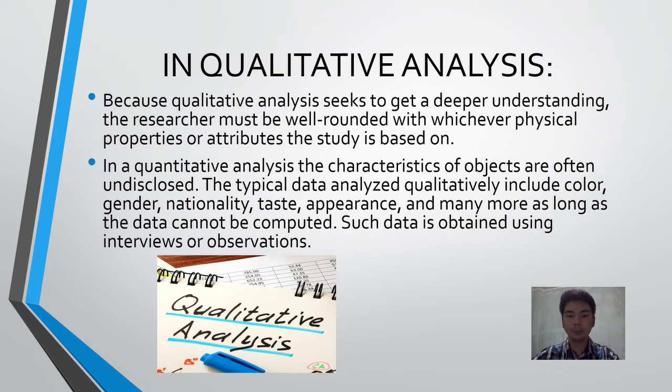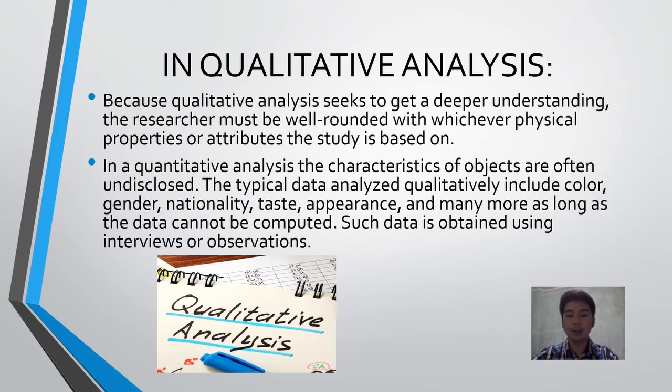Because qualitative analysis seeks to get a deeper understanding, the researcher must be well-rounded with whichever physical properties or attributes the study is based on. Oftentimes, the researcher may have a relationship with the participants where their characteristics are disclosed.